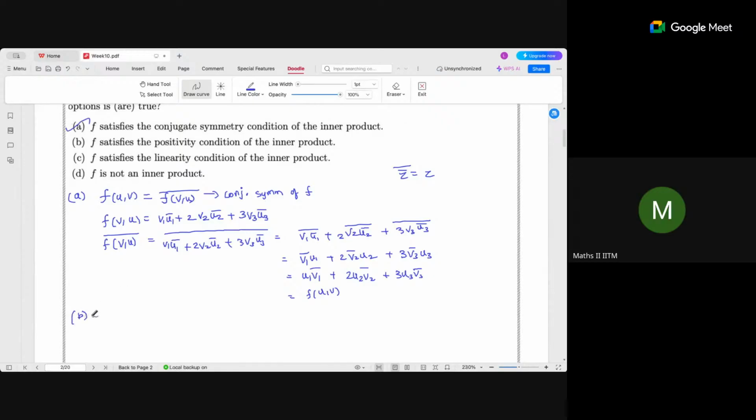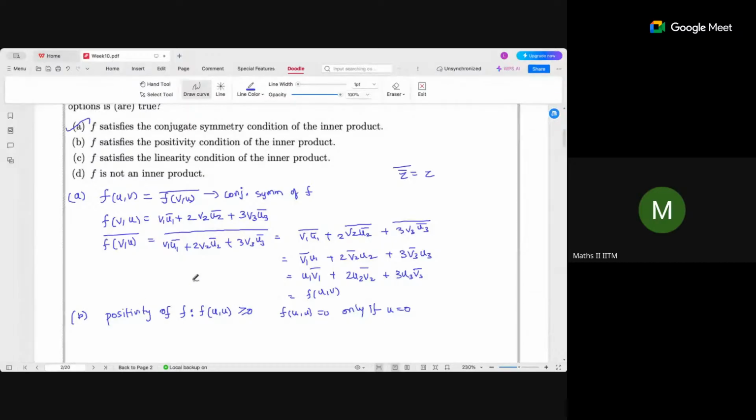Okay, the second property: what is positivity for f? It means f of u comma u should be greater than or equal to 0 for all u, and f of u comma u equals 0 only if u equals 0.